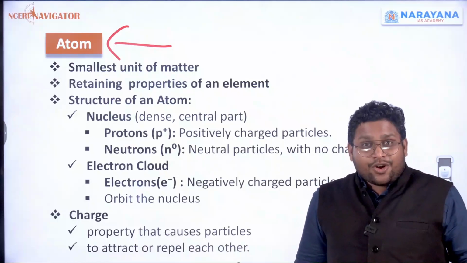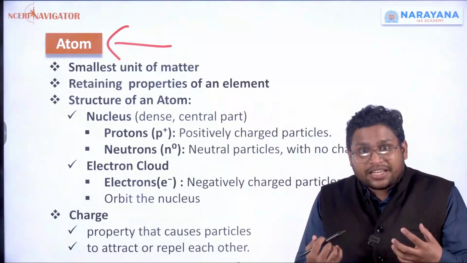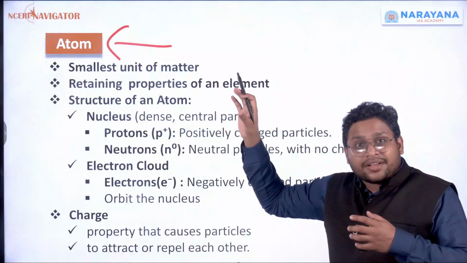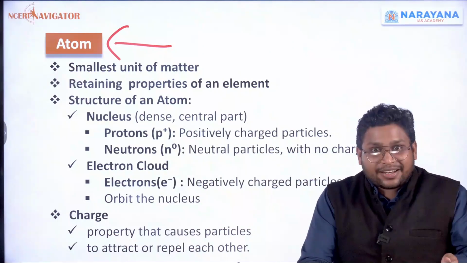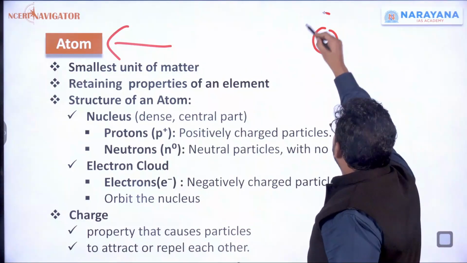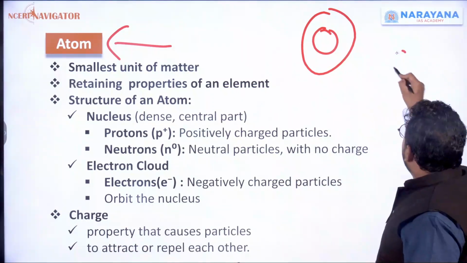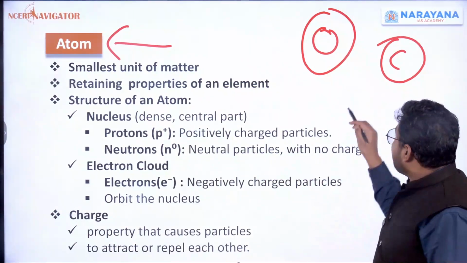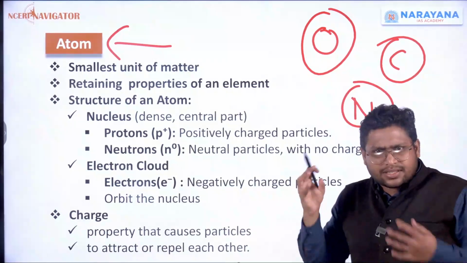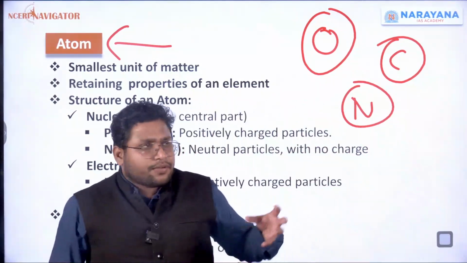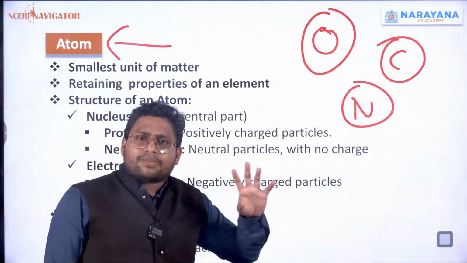And we say that whatever is the property of a particular element will be present in the atom. For example, I have taken oxygen, or let's say carbon, or nitrogen, whatever. These are elements. So I have something made up of oxygen or carbon or nitrogen.